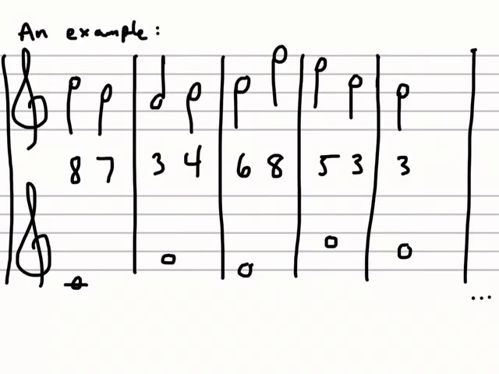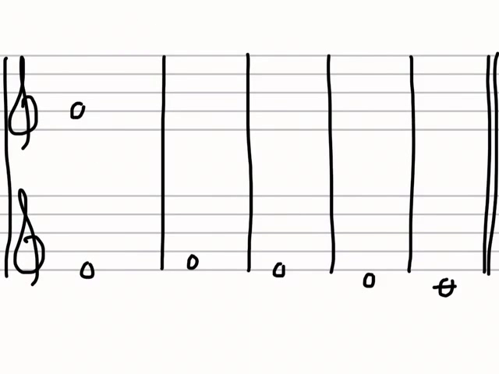So now, I might do something like this and use a passing tone, which will take me to a third over there. And that might be good, but I can't use a passing tone here. So I'll use another consonance in that measure.